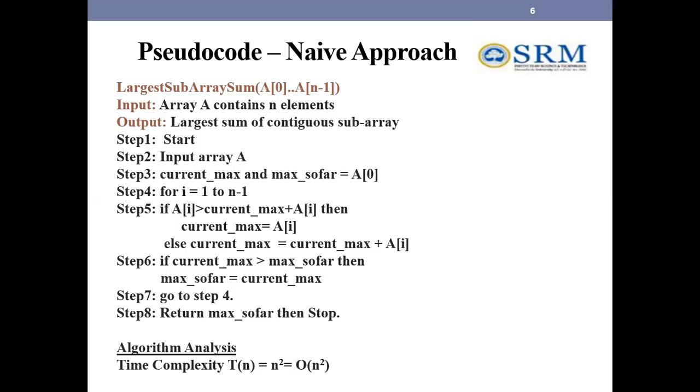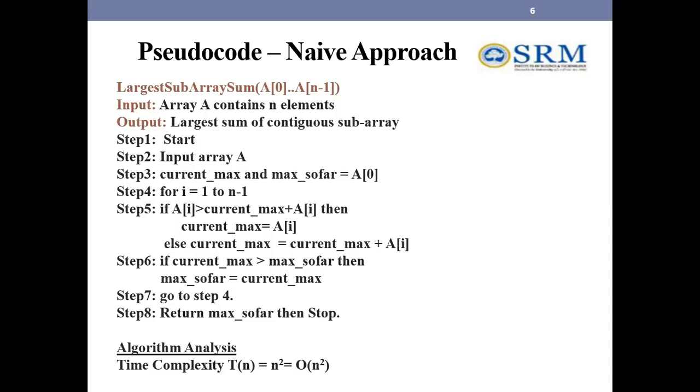Then how to find max so far? We compare current max with max so far. Whichever is greater is assigned as max so far. This process is repeated till n minus 1. So finally, the value of max so far is the final largest subarray sum. Here, the time complexity of the brute force approach, the naive approach, is order of n square.